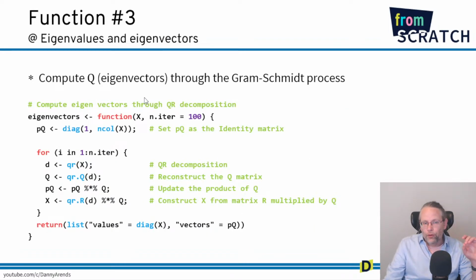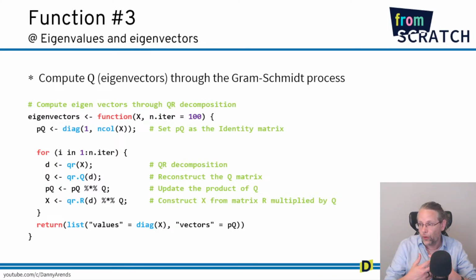So we compute the eigenvectors here through the Gram-Schmidt process, because for a 2x2 and a 3x3 there's always going to be a single unique answer. However, for larger problems, you can only numerically approximate the eigenvectors.